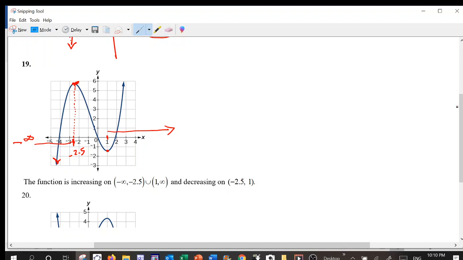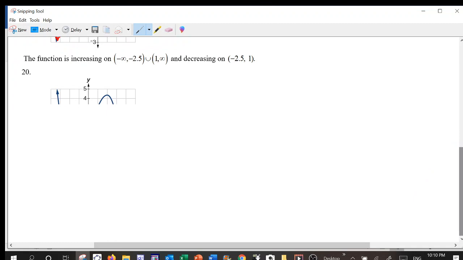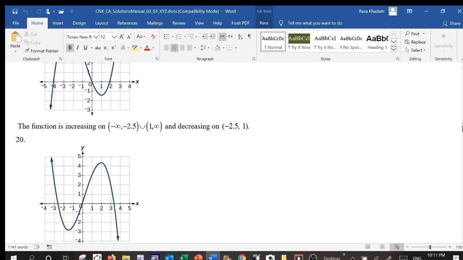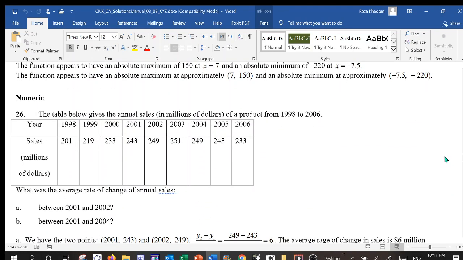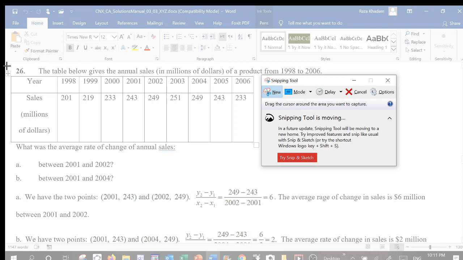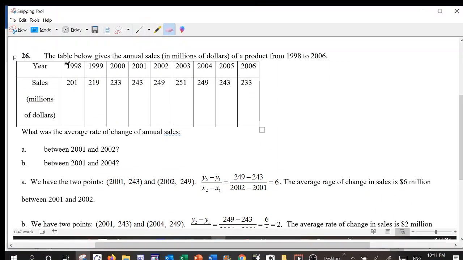Now let's look at another example, number 26. It says the table below gives the annual sales in millions of dollars of a product from 1998 to 2006.